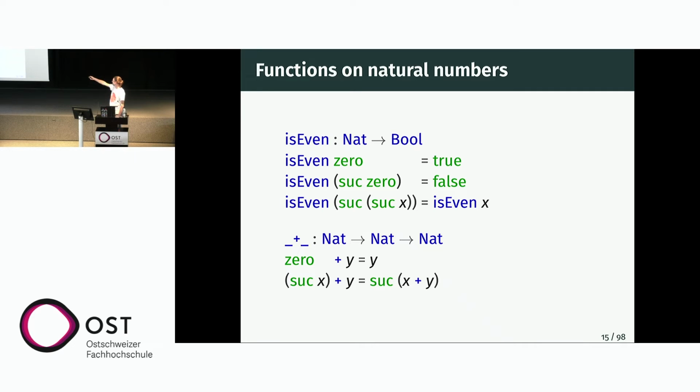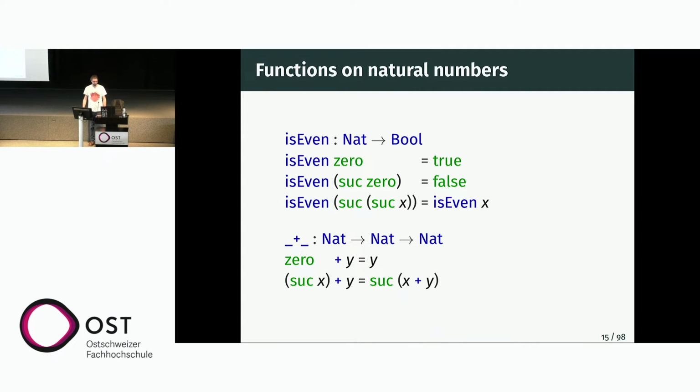We can also make recursive calls; here we're making a recursive call to is-even x. For plus, if we want it to be infix, we have to write the underscores in the name. Then in the actual clauses of the definition, we can just use it as infix notation.